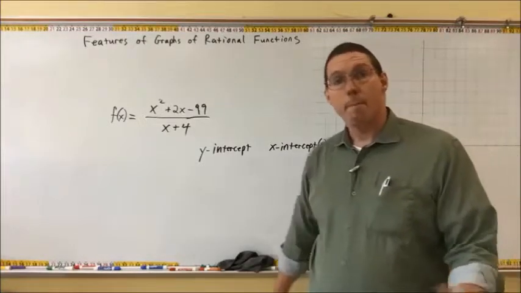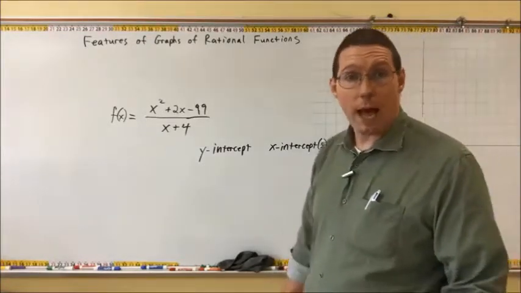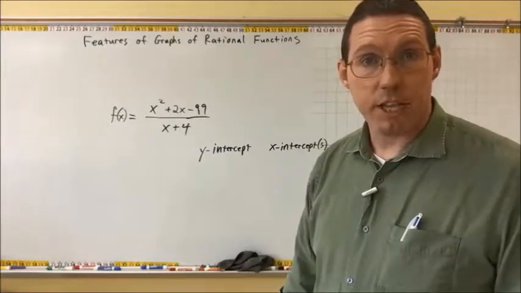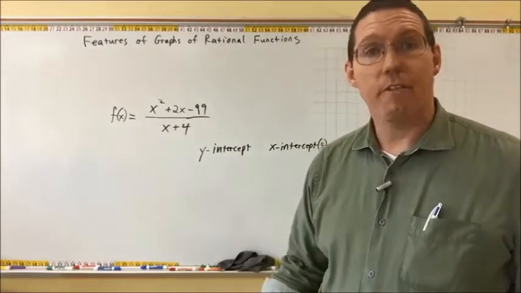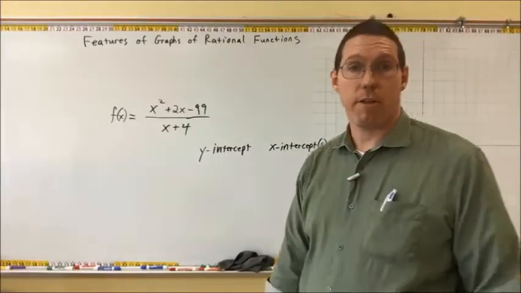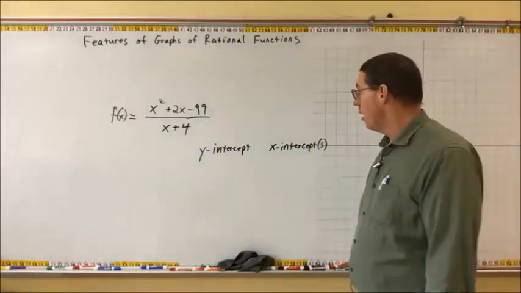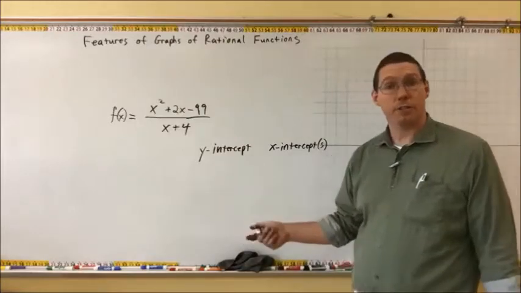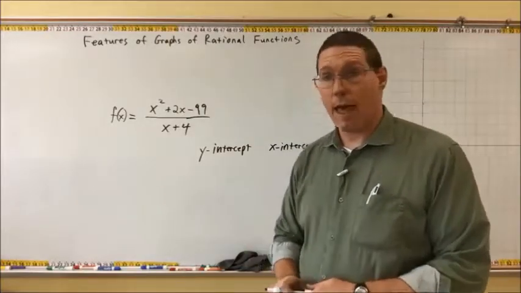By the way, many rational functions do not have an x-intercept at all. And therefore, I'm also going to show you how to know when there is no x-intercept at all. Okay? And sometimes there's no y-intercept, and I'll show you when to know that as well.